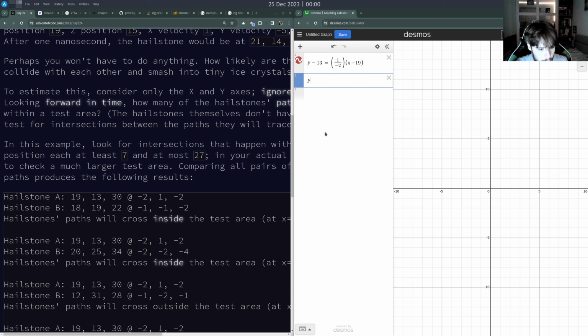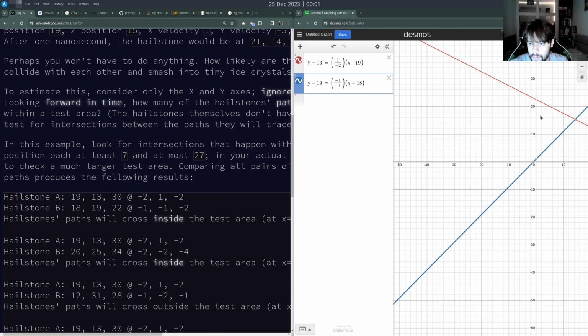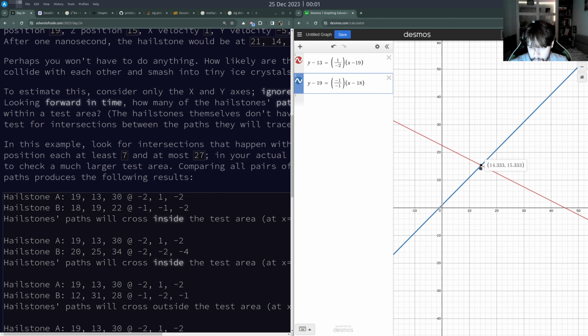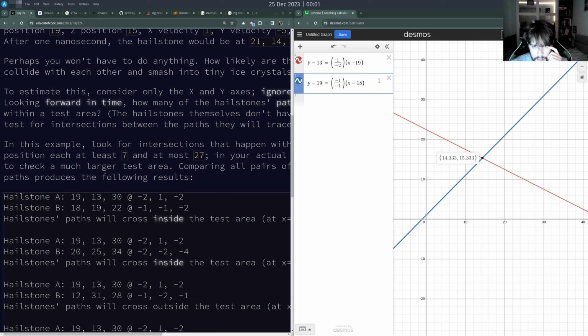And we do y minus 19 equals minus 1 over minus 1, which is just 1. No need to write that. So yeah, there's the intersections, but they start at, so A, which is red, that's 1913.